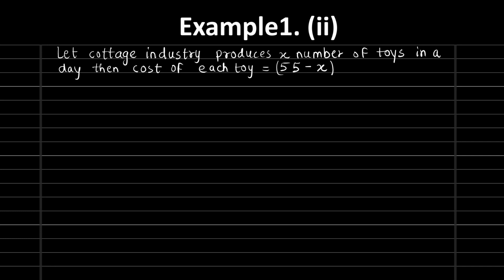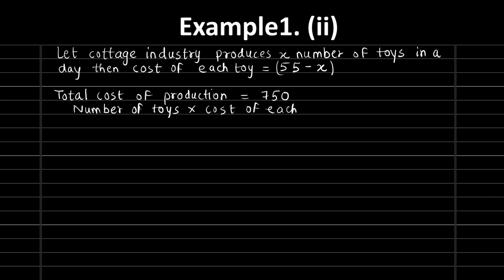Now, the total cost on a particular day of production was 750. Total cost of production is equal to 750. How are we going to get this total cost? If we multiply the number of toys with the cost of each toy, then only we will get 750.